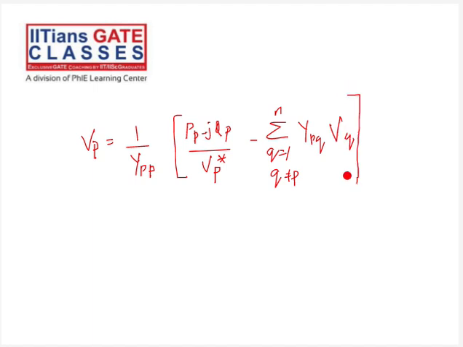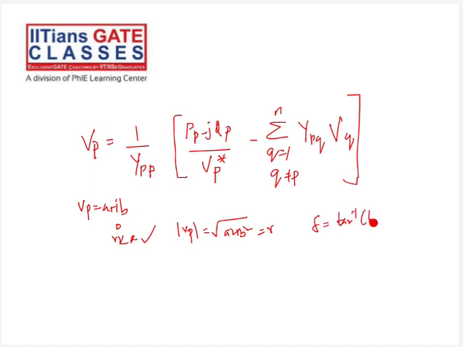So here we have a choice. We could represent VP in its complex form, where VP is a plus jb or r angle theta, right? Or we could also say that mod VP is equal to root of a square plus b square, and delta is tan inverse b by a, which is theta.